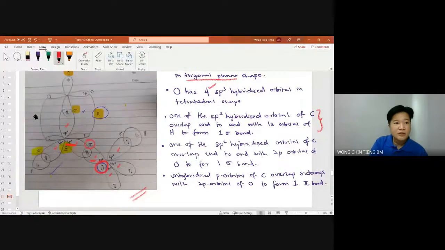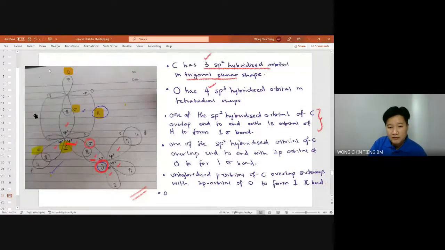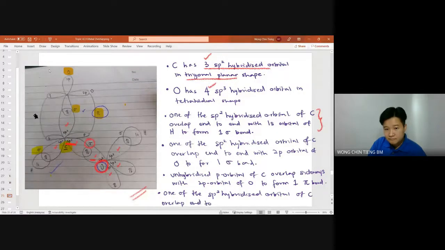Okay, kita still akan guna perkataan one of the sp2 hybridized orbital of carbon overlap end to end with one of the sp3, tak cukup tempat, sambung sini, one of the sp3 hybridized orbital.